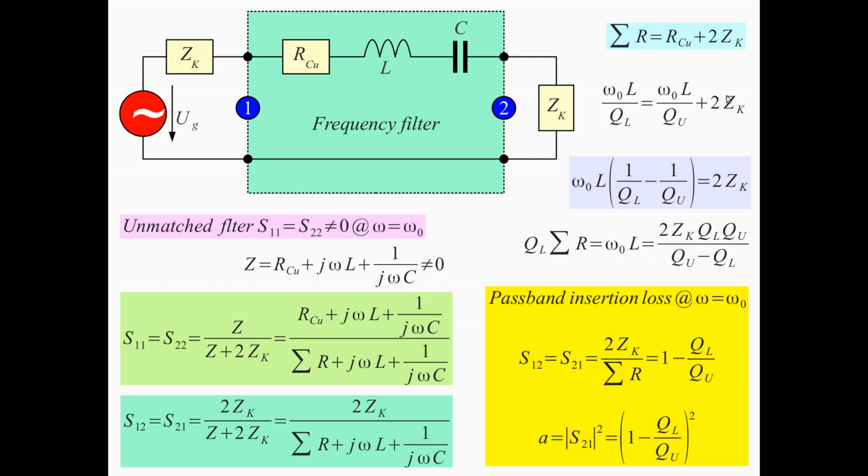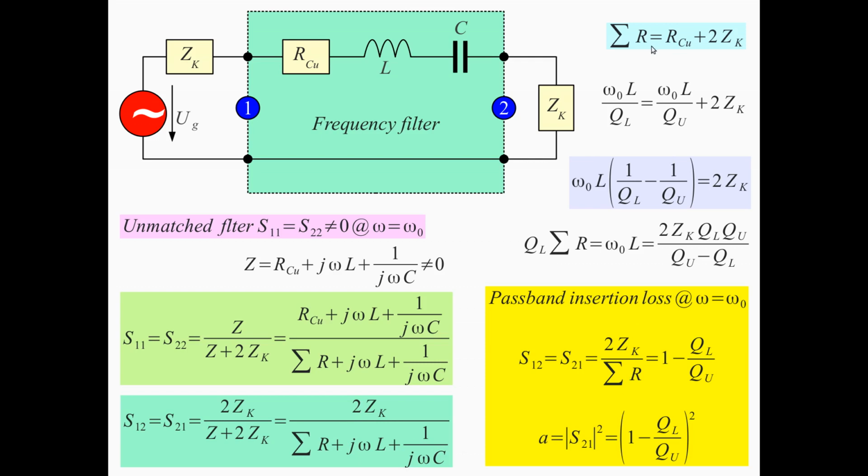So now we are trying to find an expression for this long expression here for the sum of R. We are trying to turn this formula around to find the sum of R and plug it in here, because at the resonance frequency this term will vanish, but this ratio will provide us the insertion loss of this filter.